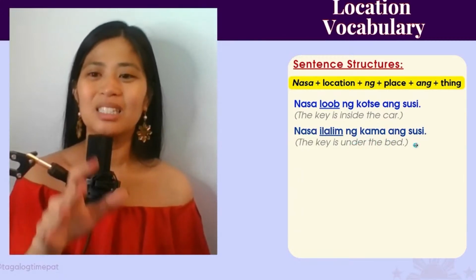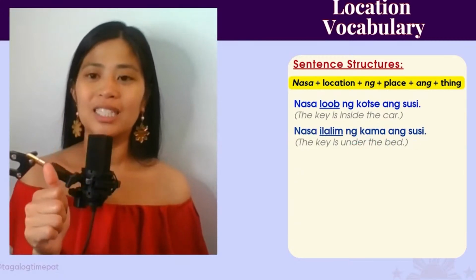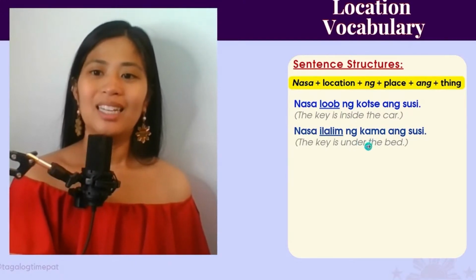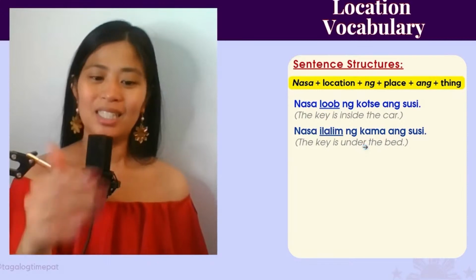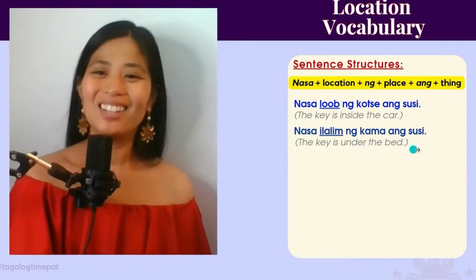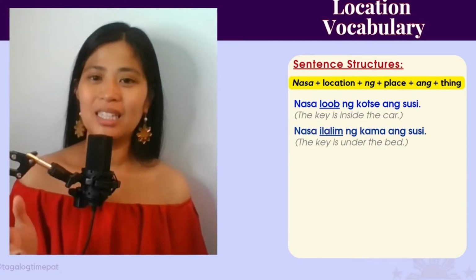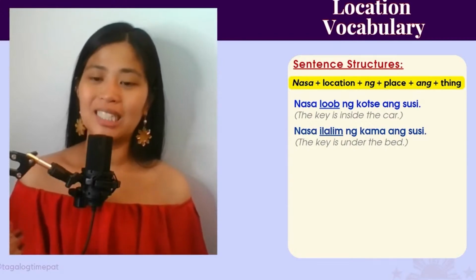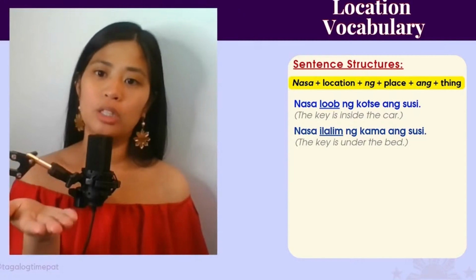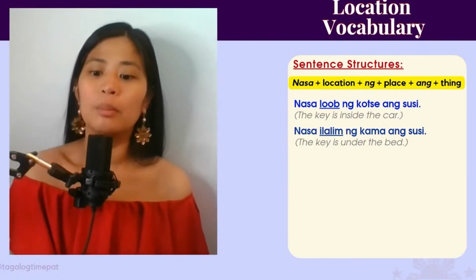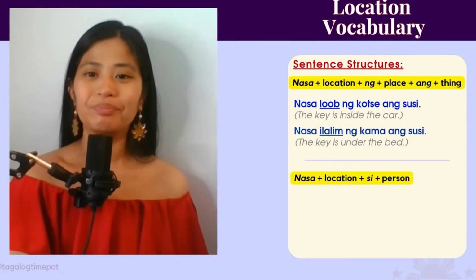That's how this is like literally translated. Ng kama is like of the bed. It's under of the bed. And then ang susi, the key. So a lot of it doesn't make sense. It's not the same grammar structure as in English. So just follow this pattern that I'm showing you now. And with more practice, it'll kind of come more naturally.